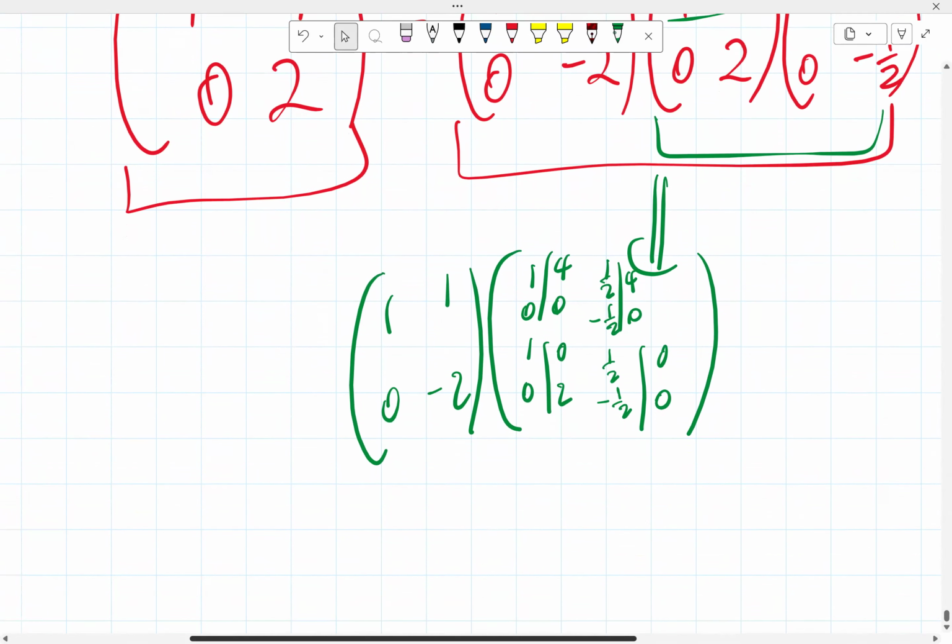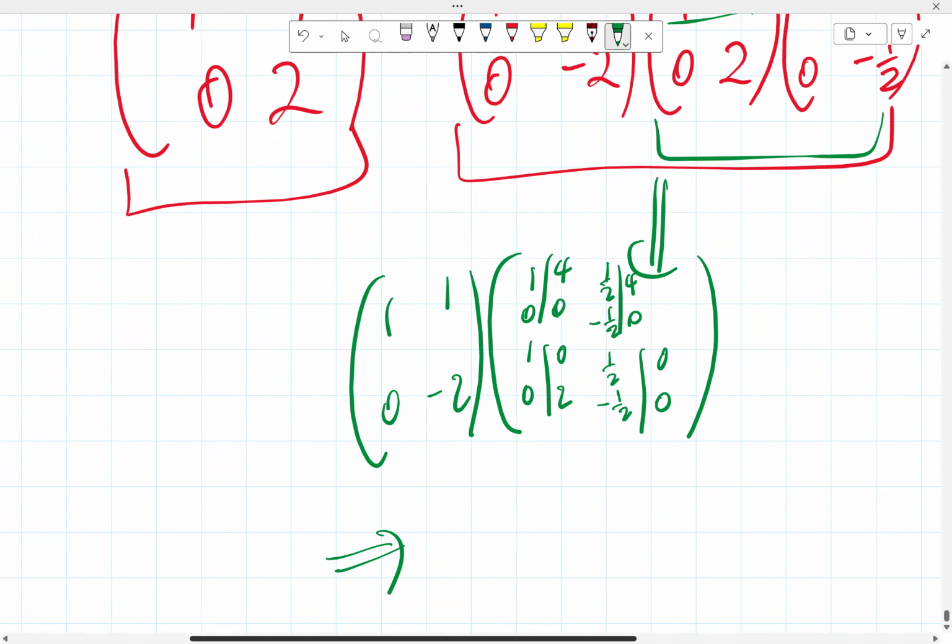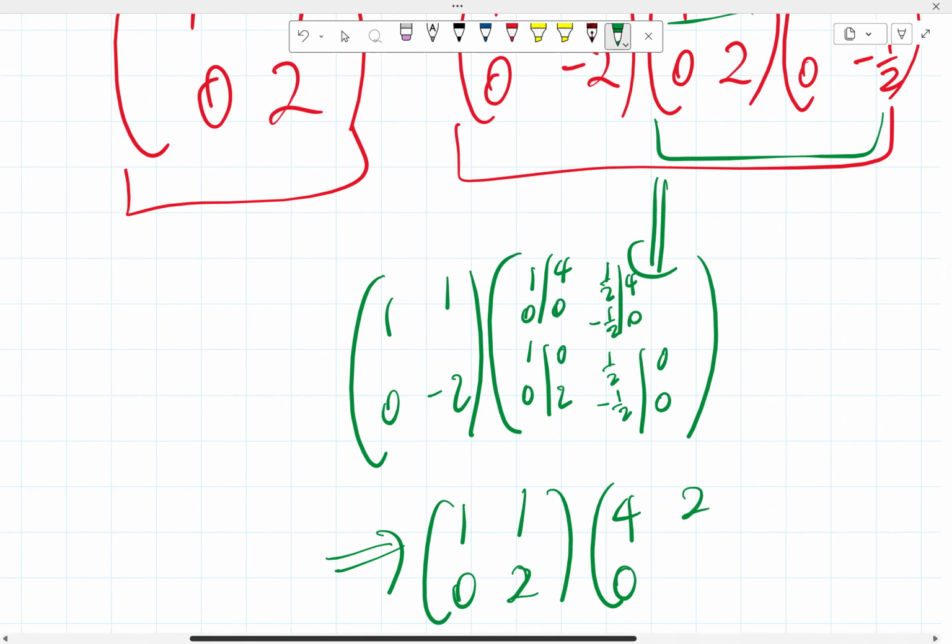So let's study this part first. This is 4, half of 4 is 2, minus half times 0 is gone, this is half times 0. So everything is 0 here.